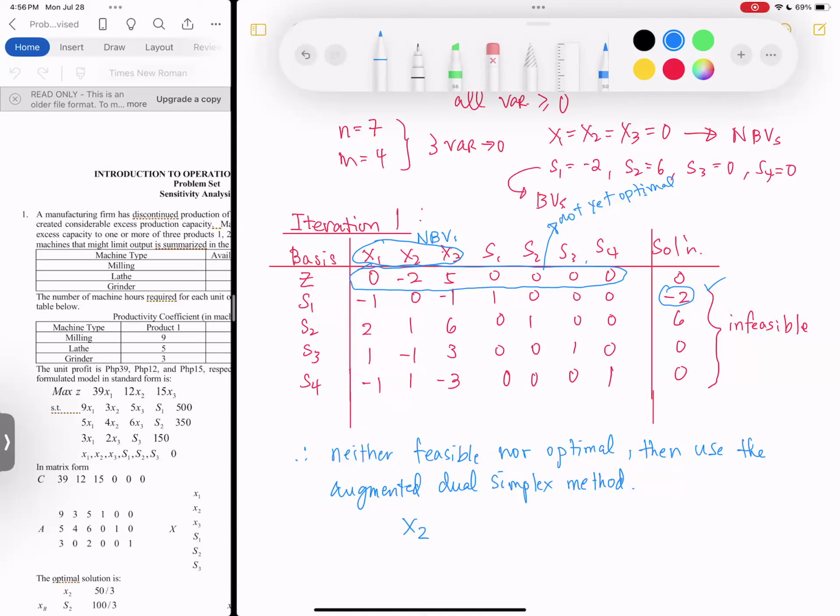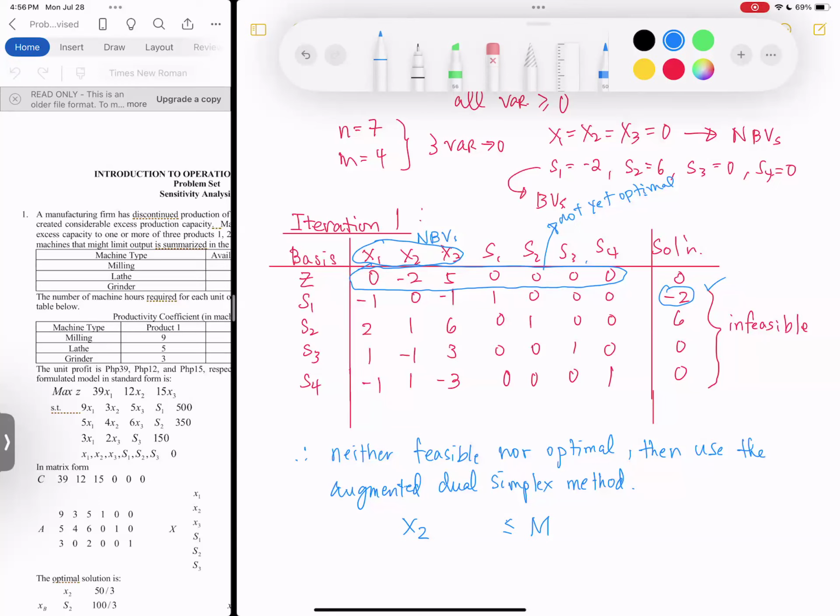So for this to be redundant, if for example you have x3 also negative or x1 also negative, then you just add them. So kunyari, x3 is also negative, then it will become x2 plus x3 less than or equal to a very big number, m.